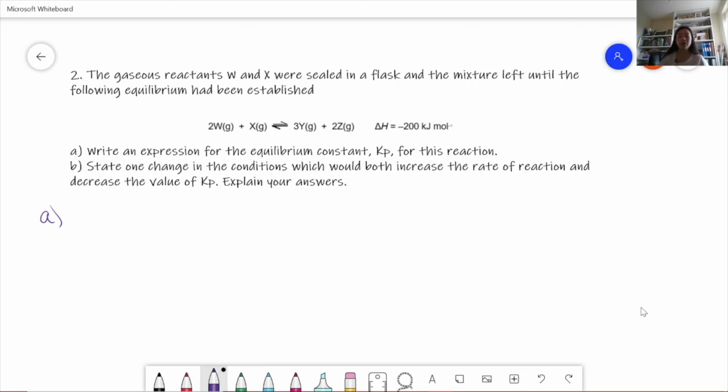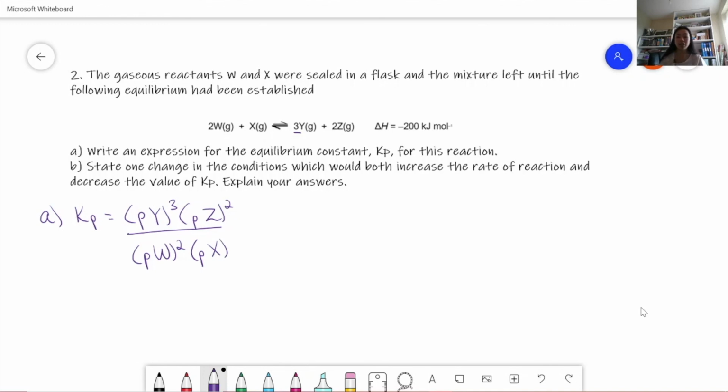So we have the products on the top and the reactants on the bottom. So Kp is equal to the partial pressure of Y, and this is cubed because we have 3 moles of it, and we multiply that by the partial pressure of Z squared, over the partial pressure of W squared multiplied by the partial pressure of X.